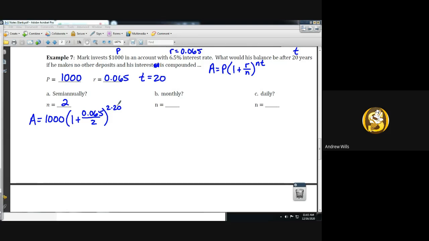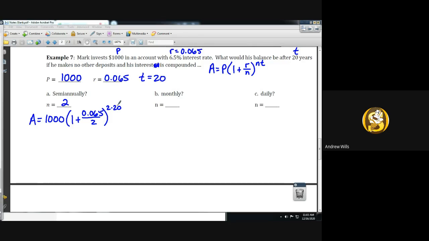Now that should be something we can type directly into our calculators, exactly like it is written. So 1,000, open parentheses, 1 plus 0.065 divided by 2, close. Then hit the caret button, which is directly above the division symbol.